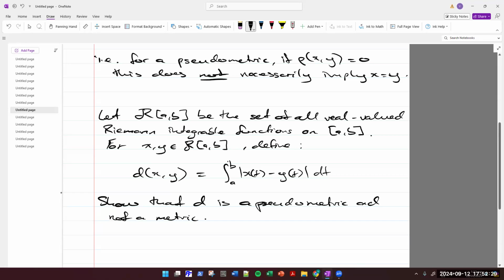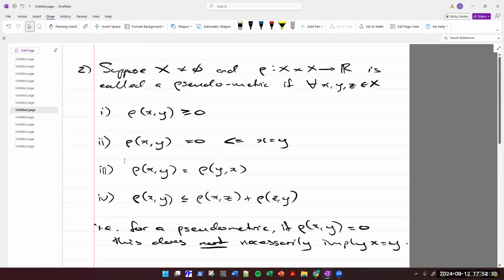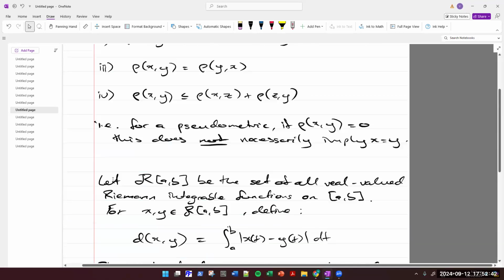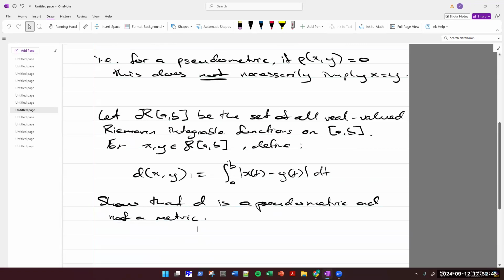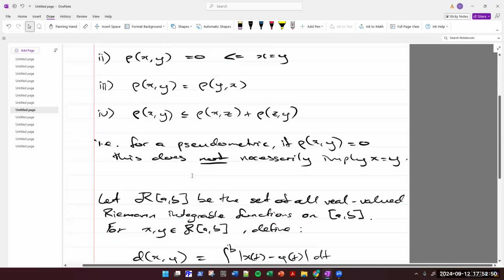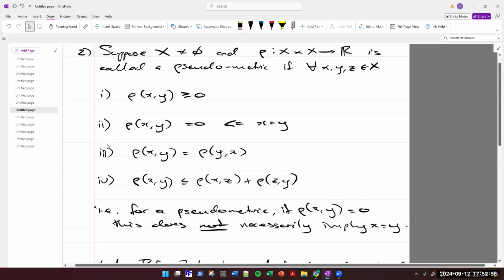So to show it's a pseudometric, we need to just verify these four properties. For the first, the third, and the fourth property, we've already looked at that. That's the same as the proof for it being a metric. So all we pretty much have to do is show that the second property doesn't work.